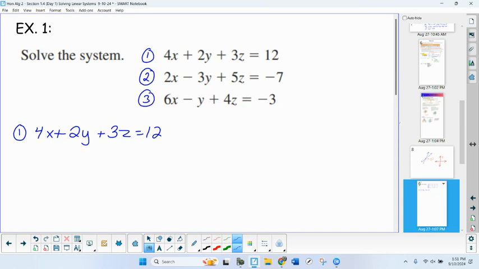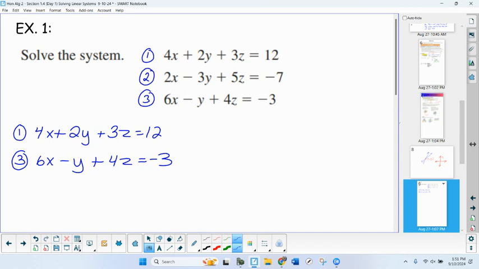So do you want to work with 1 and 2, or do you want to work with 1 and 3? Yes, absolutely. Because in 3, the y is all by itself, right? So that's hopefully why you picked that one. So she picked equation 1 with equation 3, and we said we're going to eliminate y.